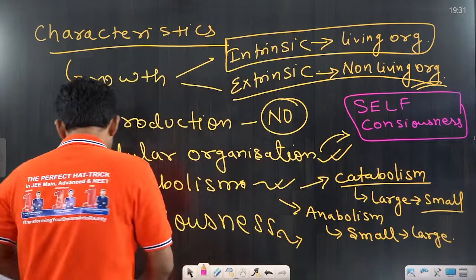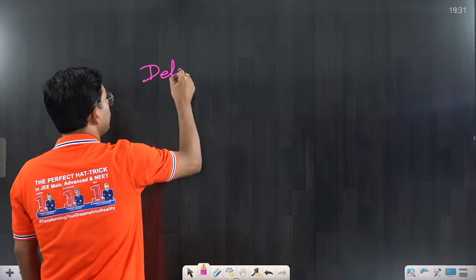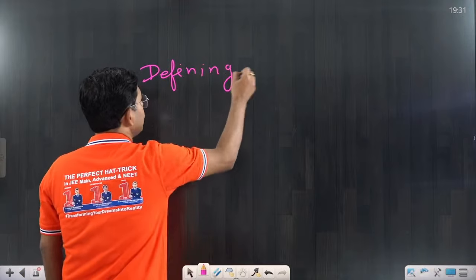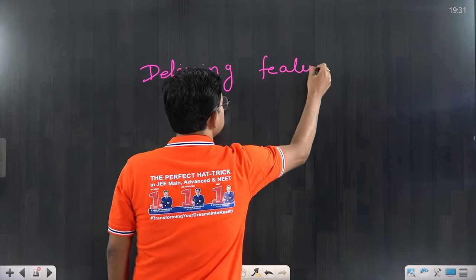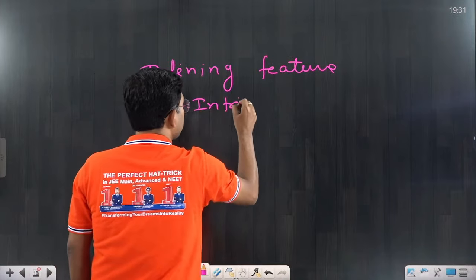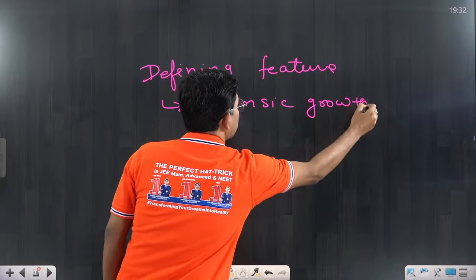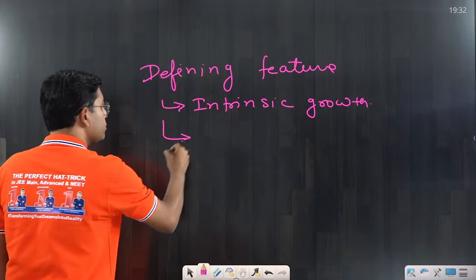So overall, if I summarize, what is the defining feature of living organism? First, the intrinsic growth. The defining feature is intrinsic growth.